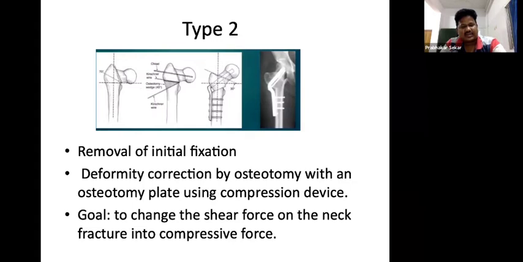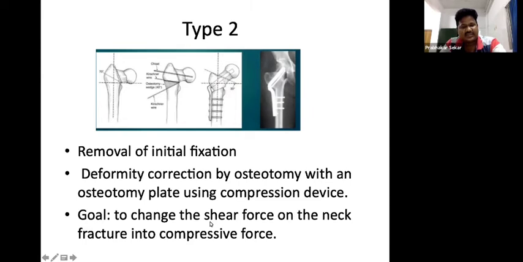Then another one is where the fracture is fixed but displaced, so loss of fixation with major displacement. The displacement can be corrected by osteotomy. So remove the initial fixation, then revise the fixation by doing the osteotomy, thereby converting the vertical shear force. Here the vertical shearing force is converted into a compressive force by doing a valgus osteotomy.